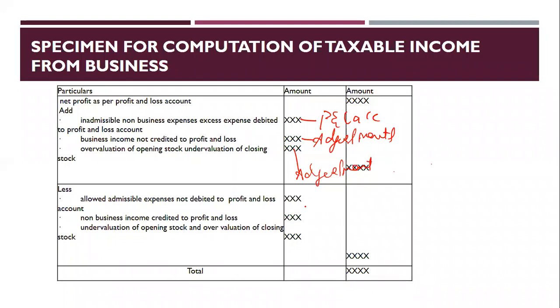Next is allowed expenses not debited, and non-business income you will see in your profit and loss account, and this you will see in adjustments.